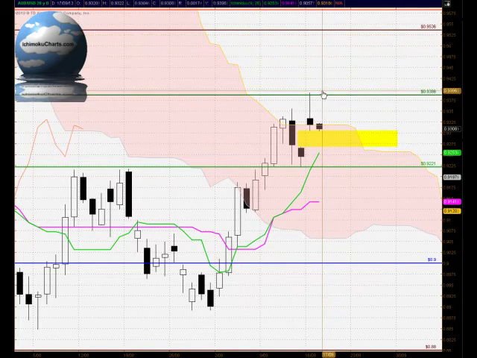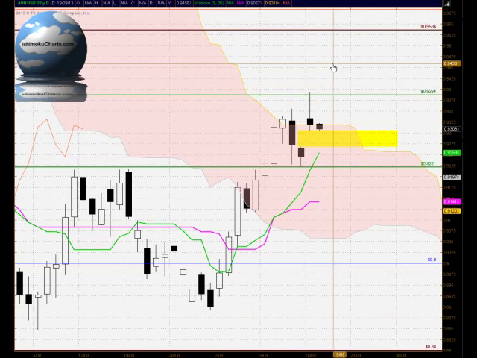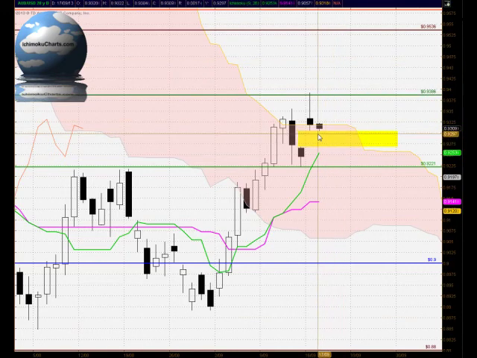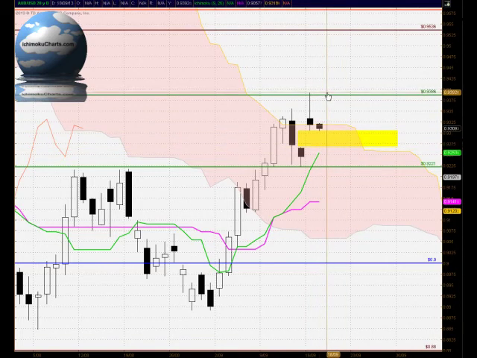We don't have any decent resistance between those two levels, so a possibility of the market trading significantly higher if that does occur. But obviously a market that's going to be very interesting because of the establishment of this window and the solid support down below, but the solid resistance close by at 93.86.